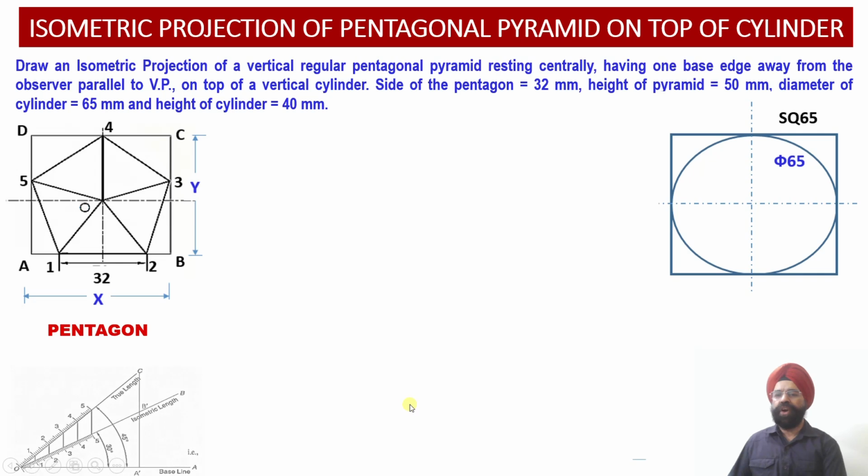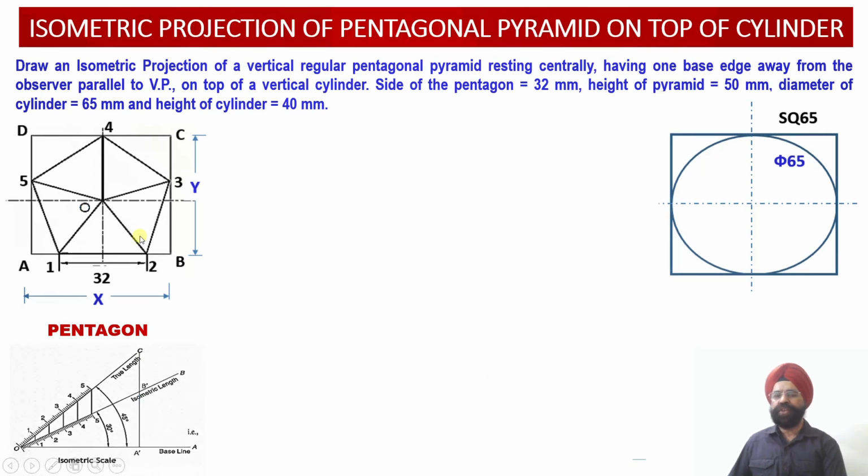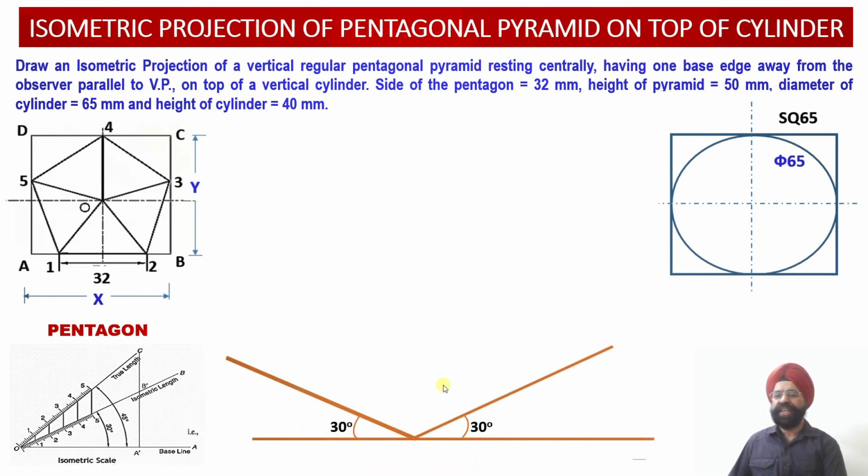So first of all, the true lengths of all of these dimensions will be evaluated, and then using the isometric scale, these true length dimensions will be converted into the isometric dimensions, and only these isometric dimensions will be plotted onto the isometric projection.